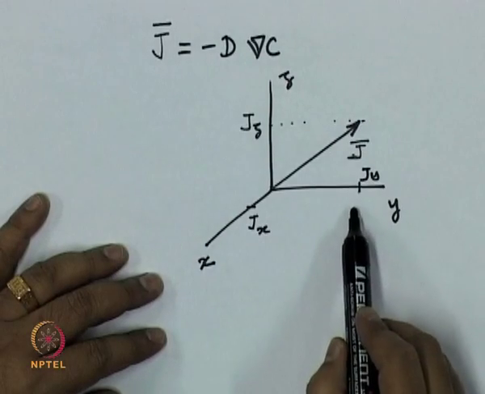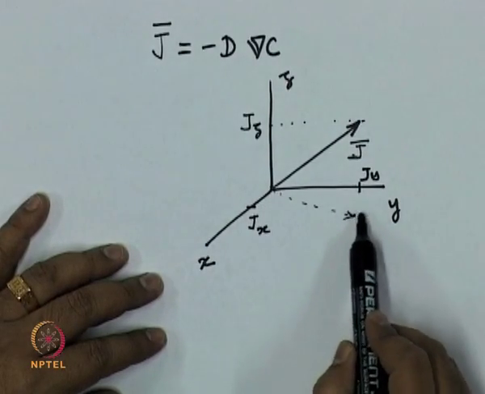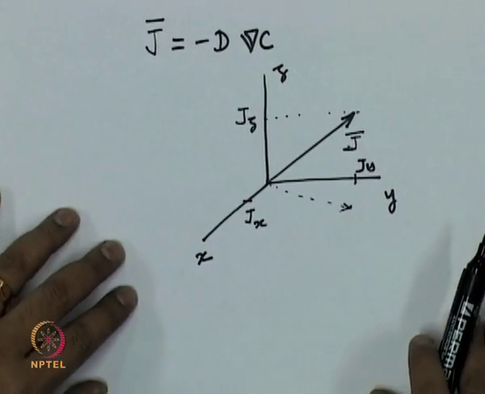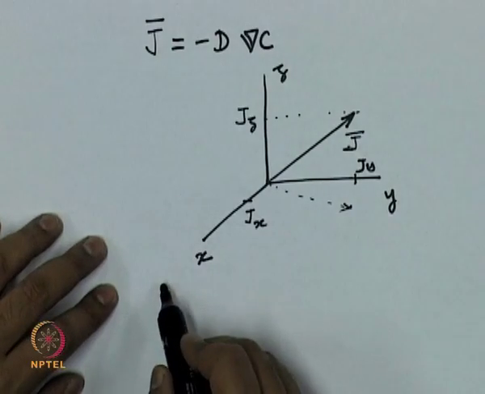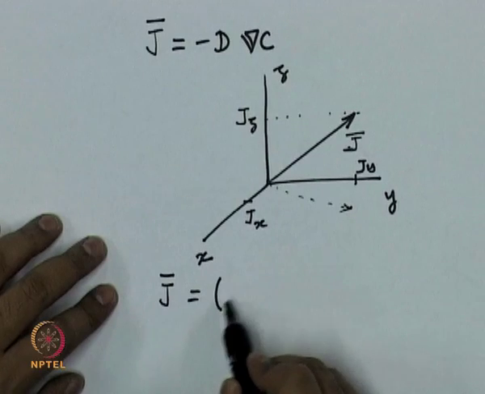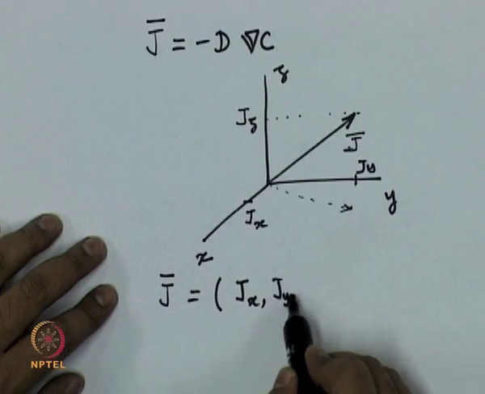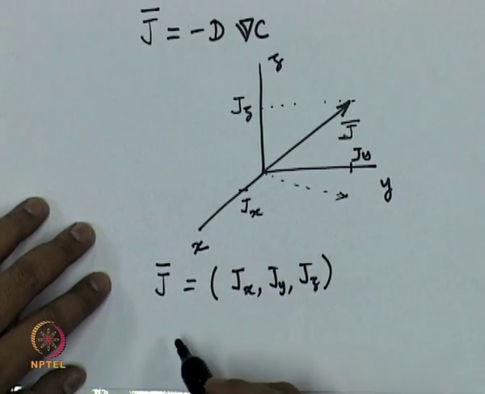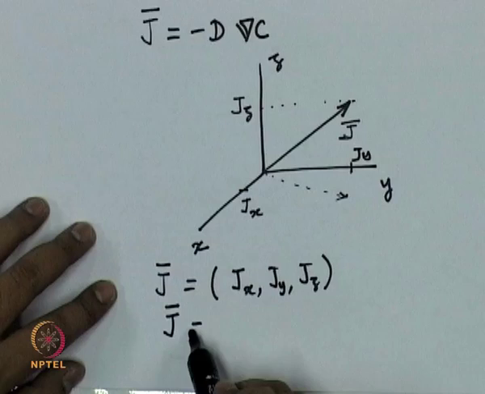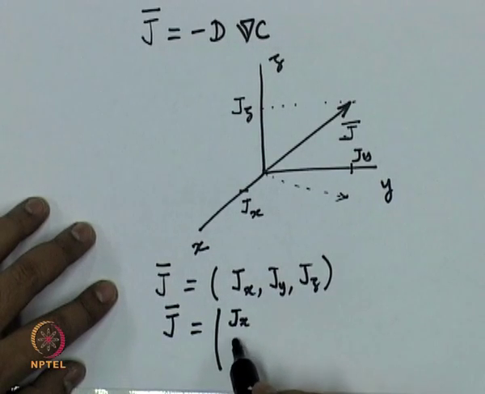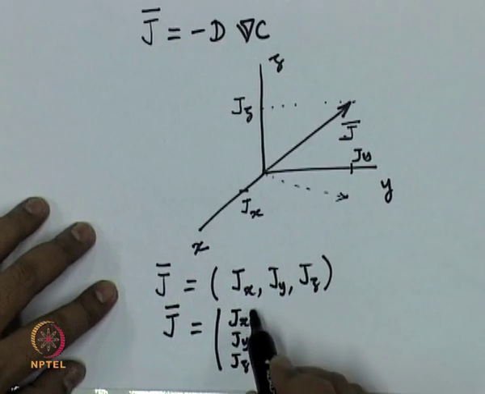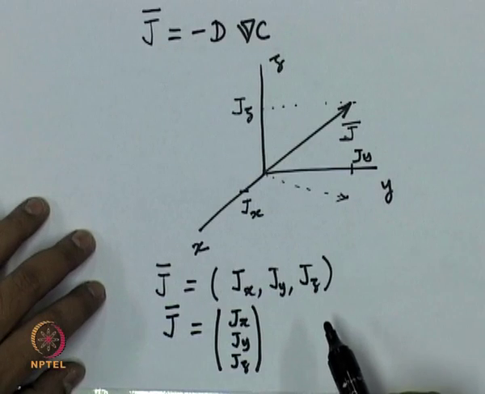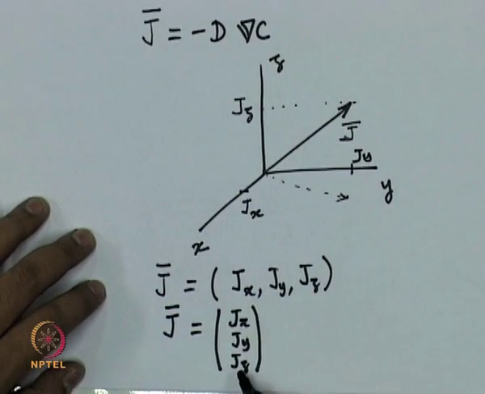So, another way of representing these vectors is to say that the J vector is nothing but Jx, Jy, Jz. Sometimes it is also written in matrix notation, which I prefer for reasons which you will understand a little better in a moment. J is actually 3 components, and the 3 components are arranged as a matrix. It is a 3 row 1 column matrix.